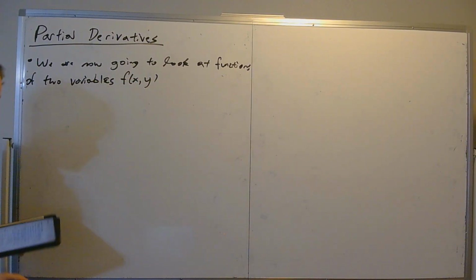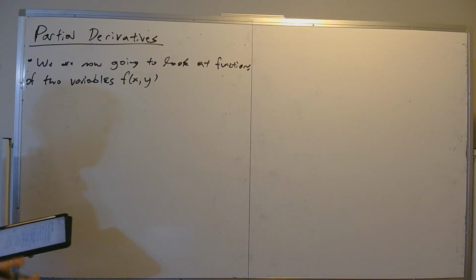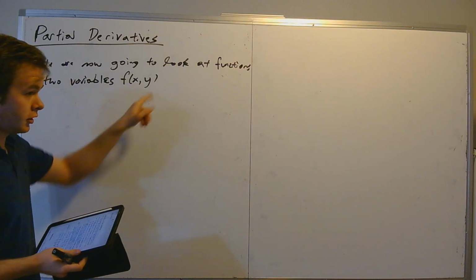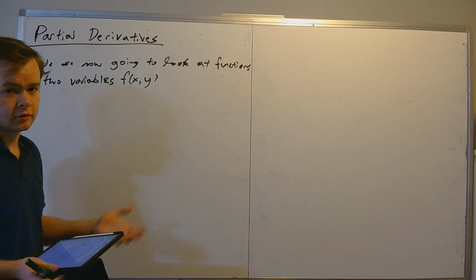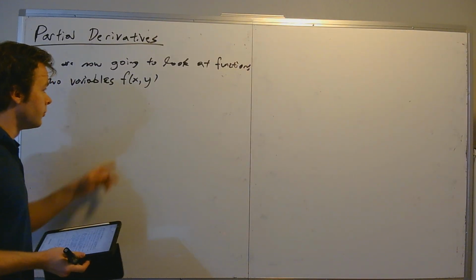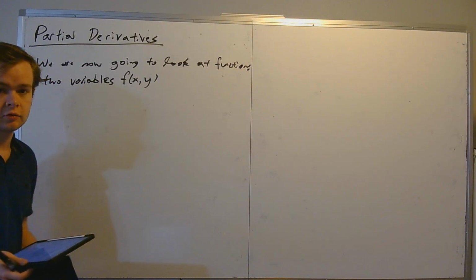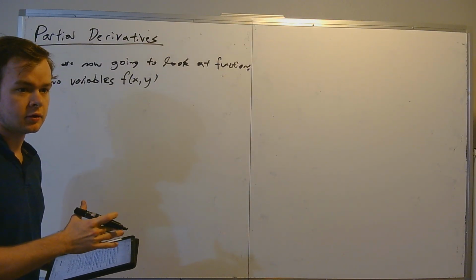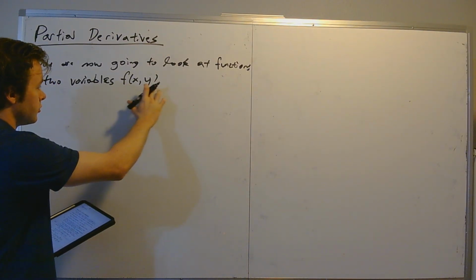Usually y was the output of our function, but now we have a function of both x and y, and our output would be, say, z. So we've got a function that depends on two variables. Earlier, x was the independent variable and y was the dependent variable, but now x and y are both independent variables.